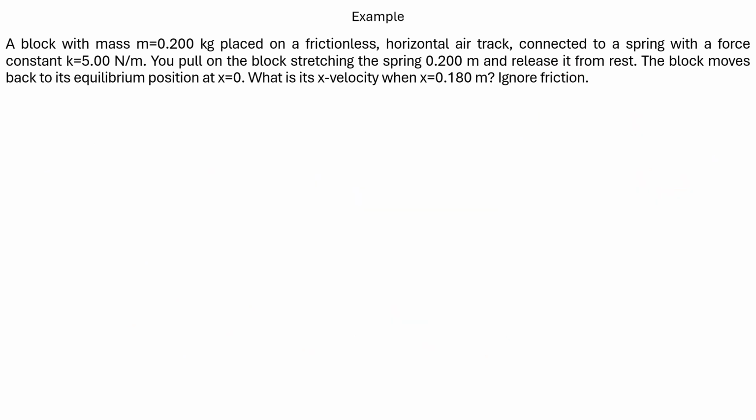Okay, so from what we've derived, vb is equal to the square root of k over m, multiplied by xc squared minus xb squared. We'll just have to substitute.